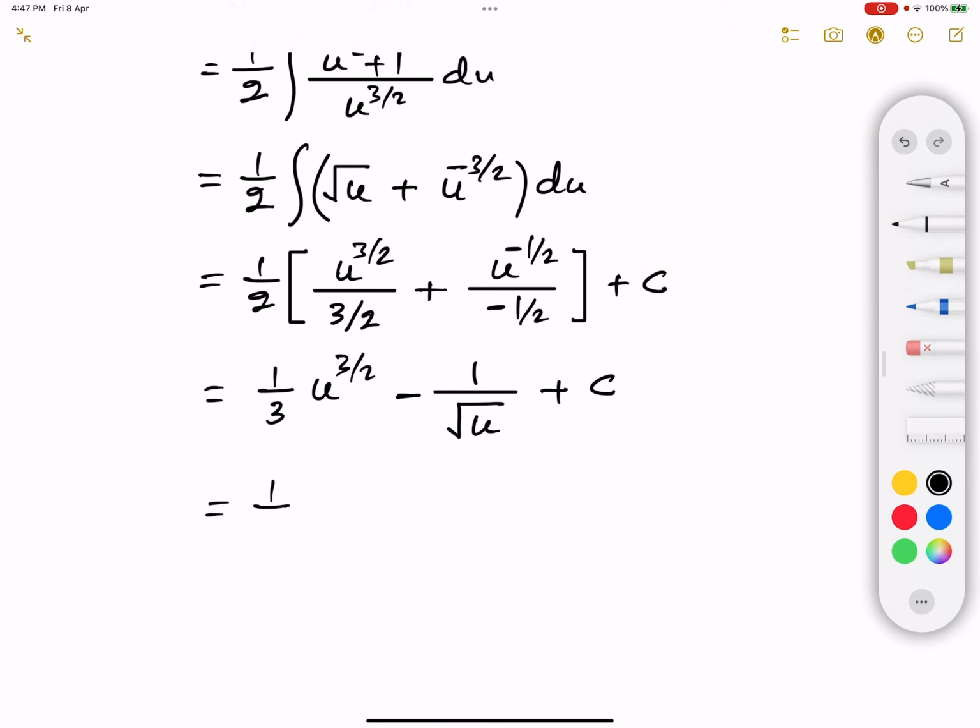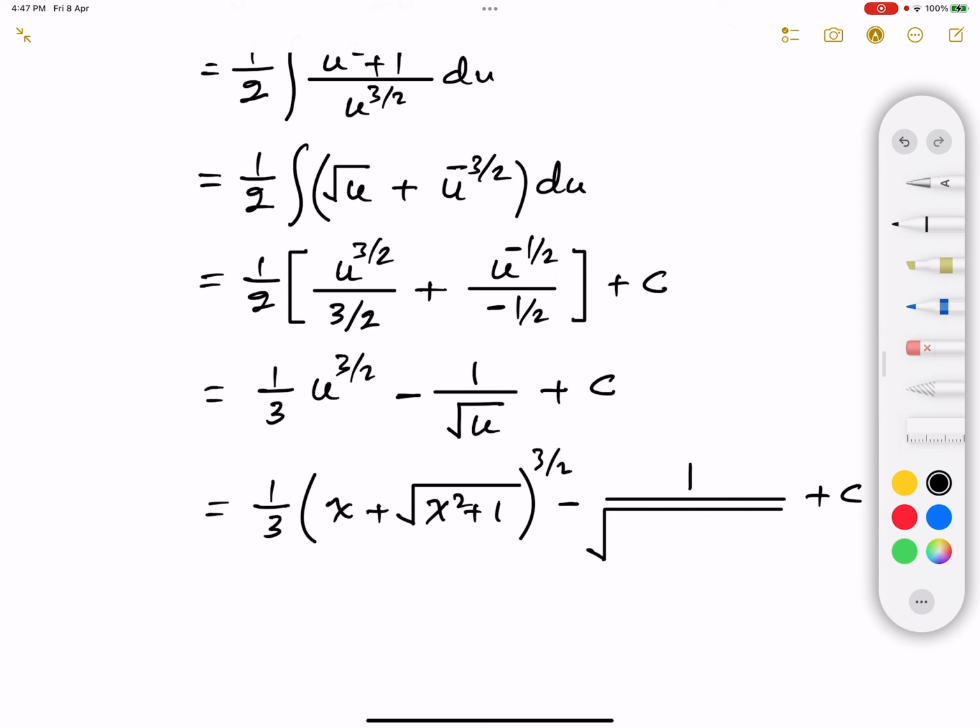This is going to give us 1/3 times x plus the square root of x squared plus 1, that's our u, written between parentheses, raised to the power 3 by 2, minus 1 divided by the square root of x plus the square root of x squared plus 1, plus c. And basically that is our final answer.